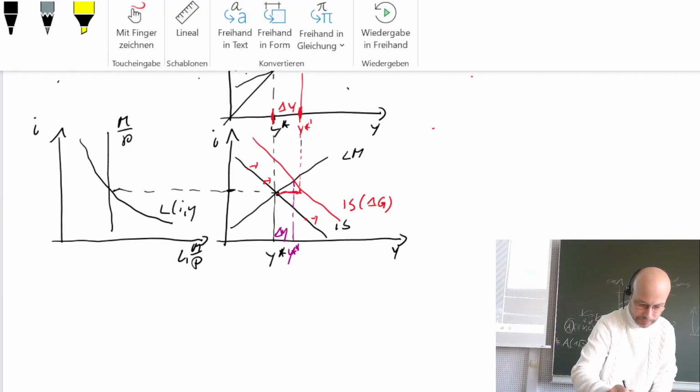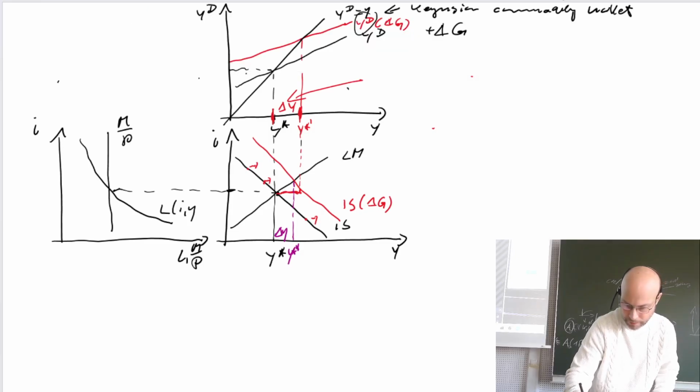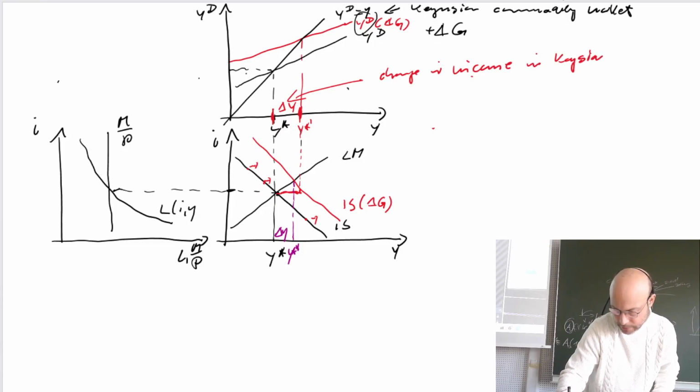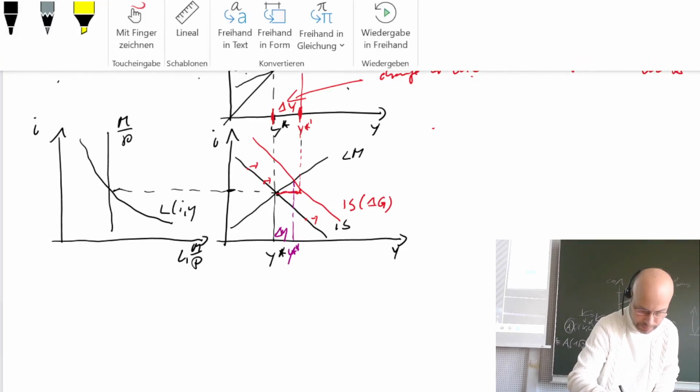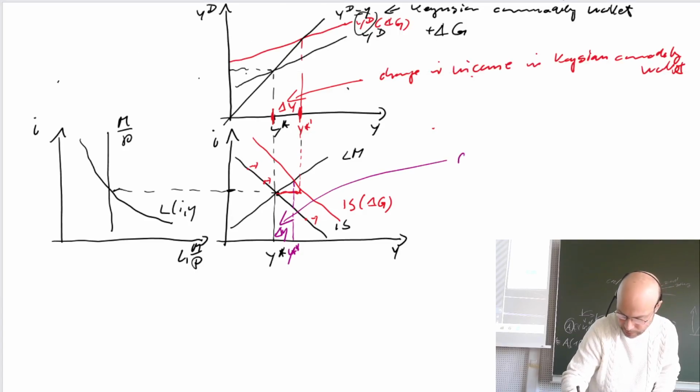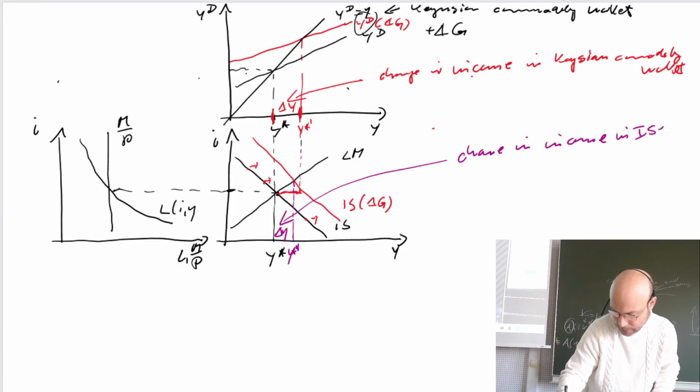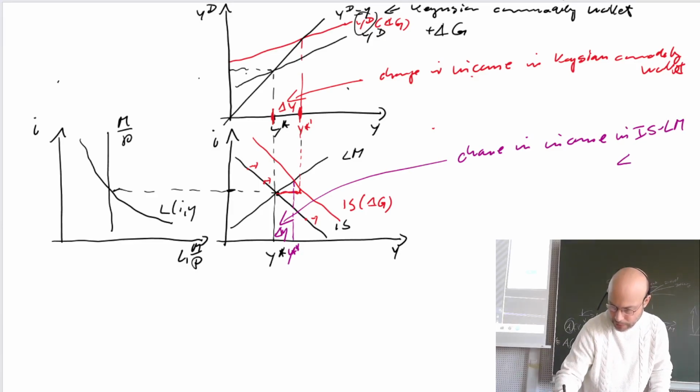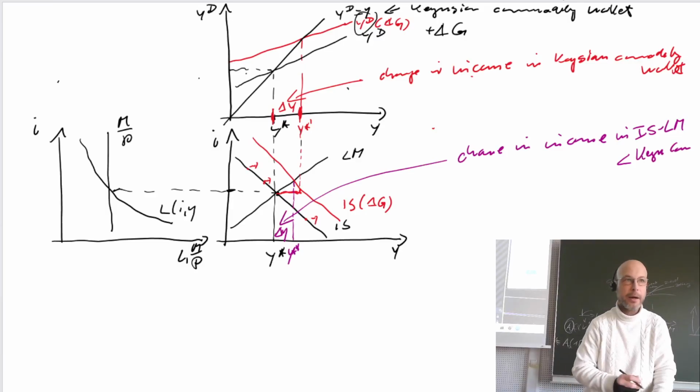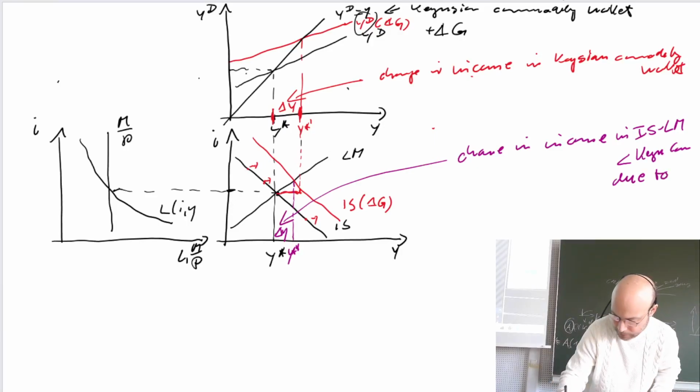So the change in income in the Keynesian commodity market, and this one, the change in income in ISLM, is smaller than in the Keynesian commodity market due to the rise in interest rates, and this we called crowding out.